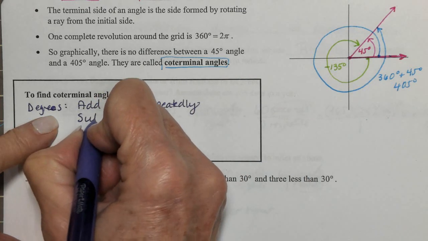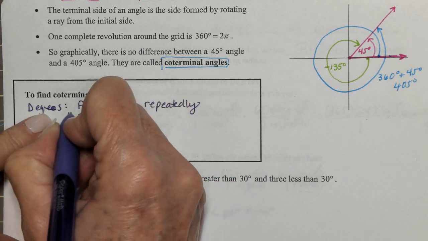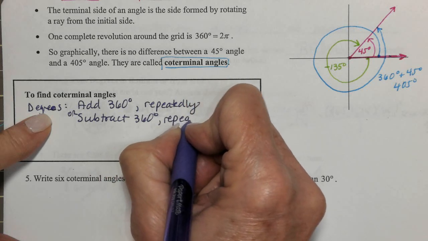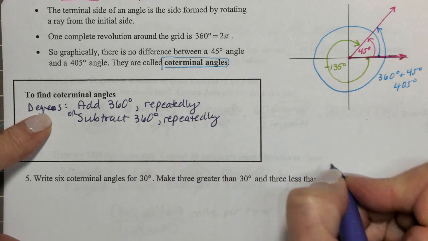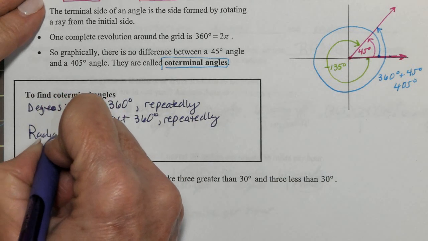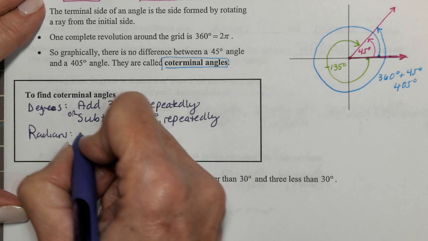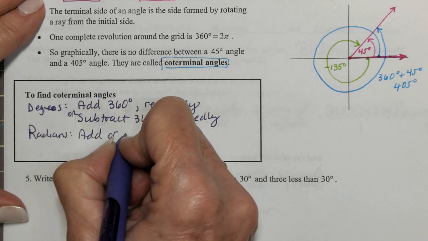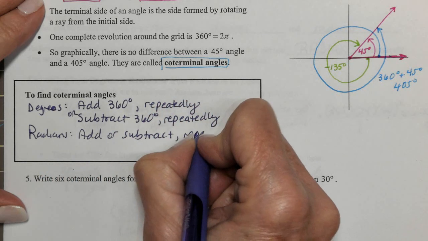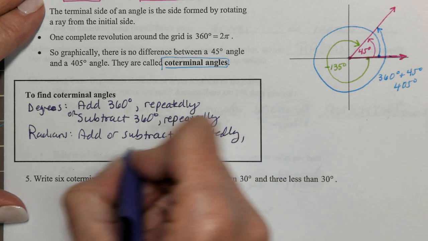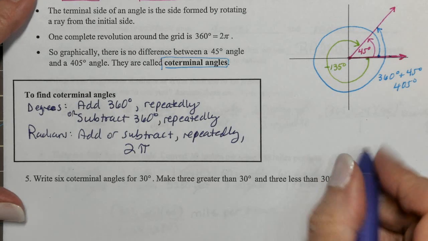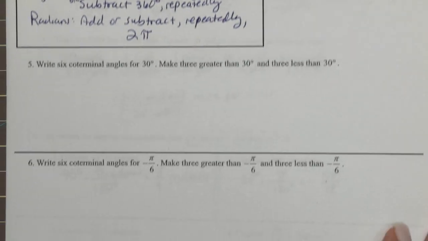Or subtract 360 degrees repeatedly to get more and more coterminal angles. What if you are in radians? Well, if you're in radians, you add or subtract 2 pi repeatedly. Add 2 pi, keep adding 2 pi, or subtract 2 pi, keep subtracting 2 pi.